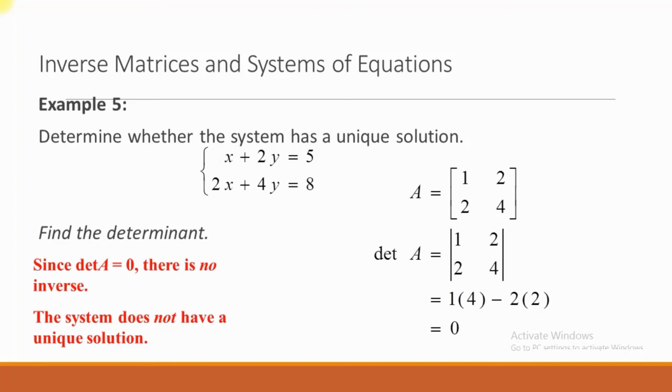Maybe the system has a unique solution, maybe the system has no solution, maybe the system has infinitely many solutions. So when the determinant of the coefficient matrix is 0, it does not mean that the system has no solution.